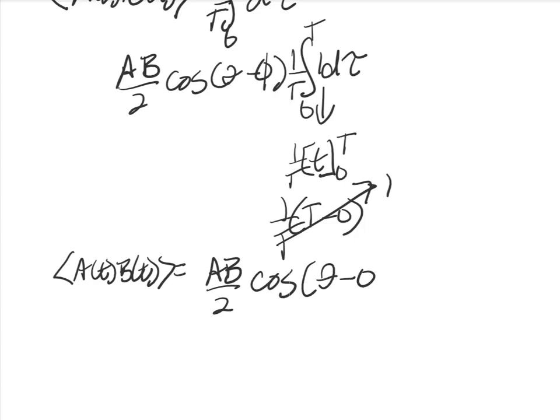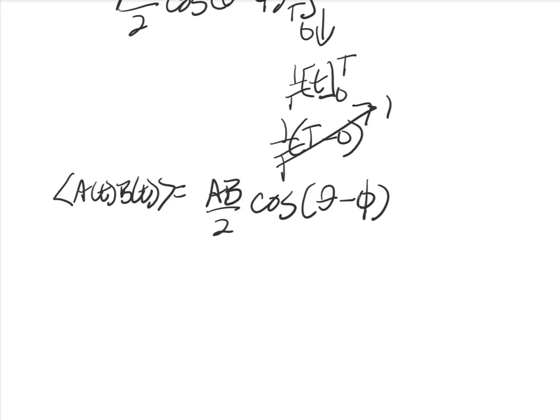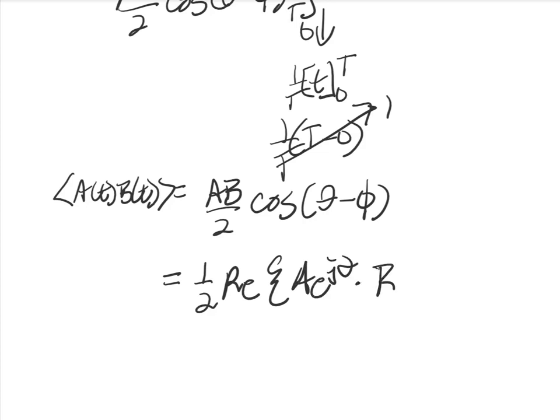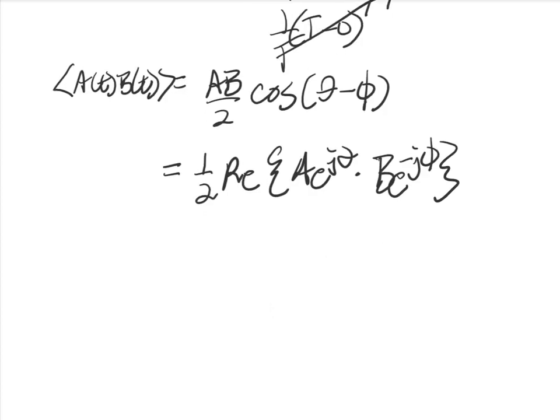Now, we can rewrite that as 1/2 the real part of A e to the j theta times B e to the minus j phi. And that, as you may have guessed, is the same as 1/2 the real part of a phasor times the conjugate of the other phasor.